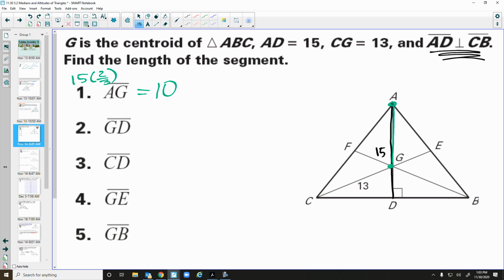And then looking at GD, this part here, what would that have to be? 5, yeah. You have 2 options. Option 1, we figured out the other one had to be 10. So if the whole thing is 15, that has to be 5. Or that relationship, the smaller distance, the distance from the centroid to this side, is always going to be a third of it.